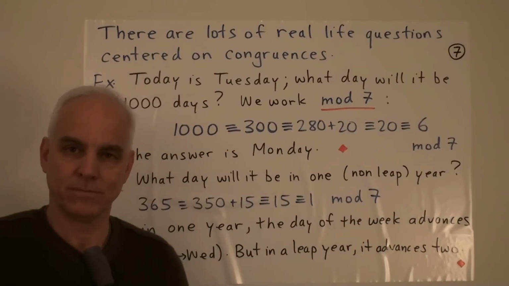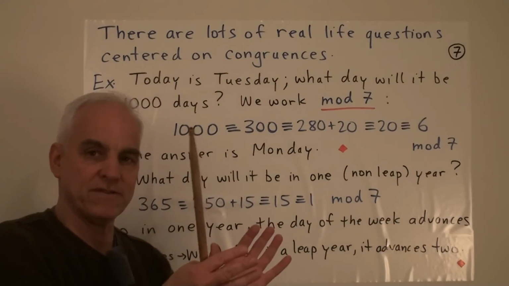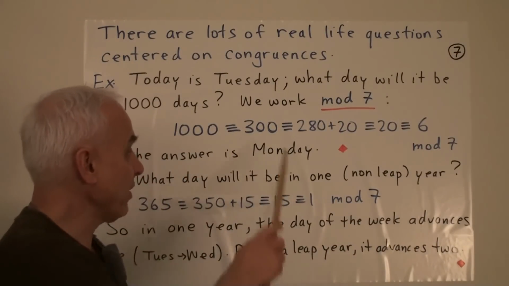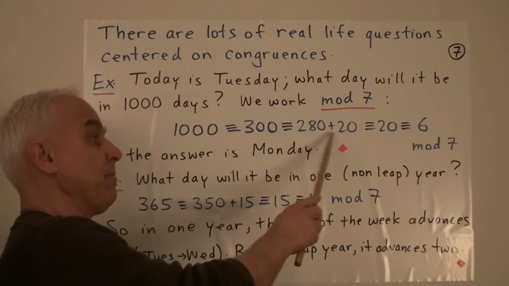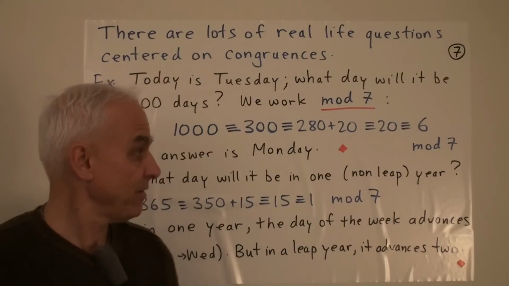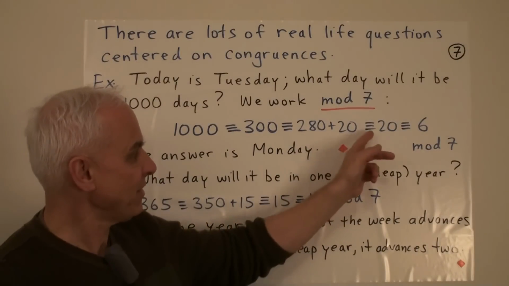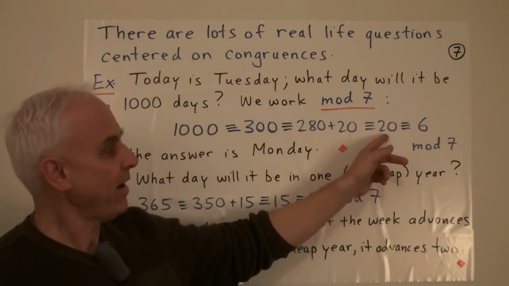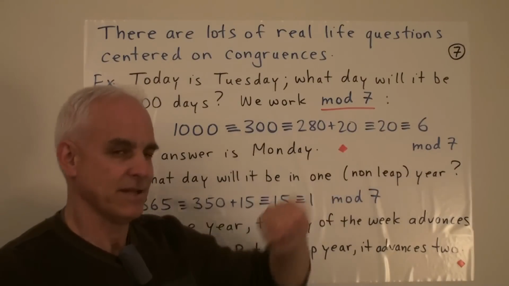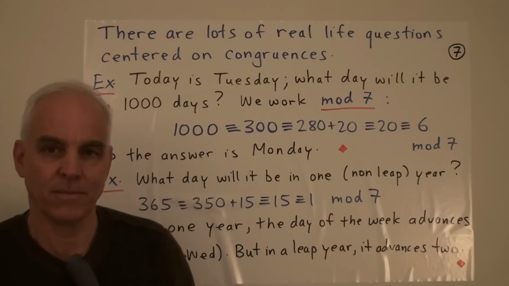That's simpler. So we employ the same strategy: look for a nice multiple of 7 that we can toss away. We can write 300 as 280 plus 20, recognizing that 280 is a multiple of 7. So the 280 disappears and we just get congruent to 20. And then we throw away 14 and we get 6. So we see that 1,000 is congruent to 6 mod 7.